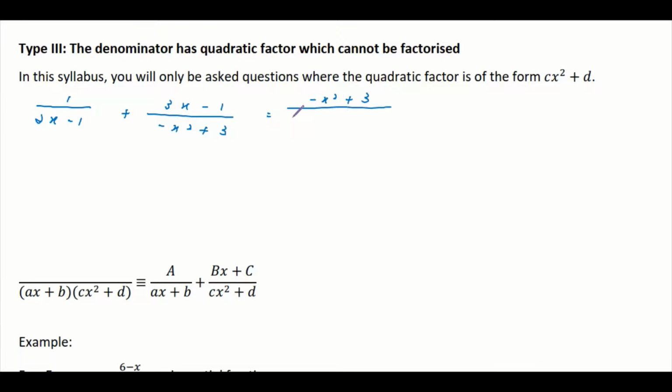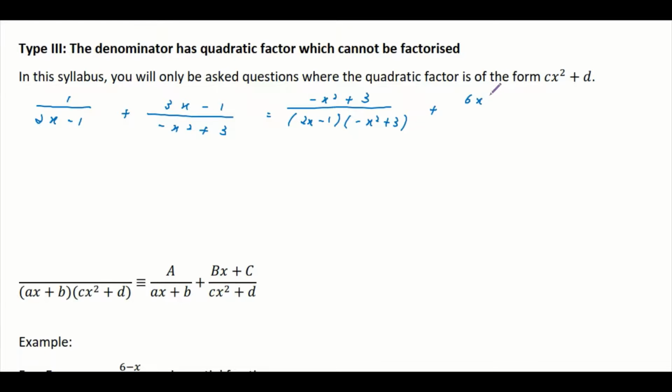So I'll be able to get 2x minus 1 times negative x squared plus 3. Same thing for the other term, then it will become a quadratic at the top as well. So let me just do the quadratic, so we can save more time here.